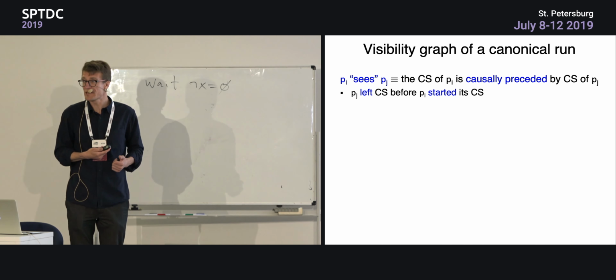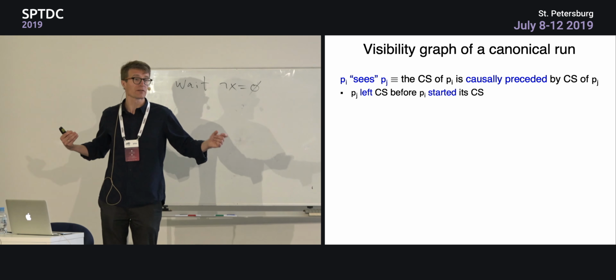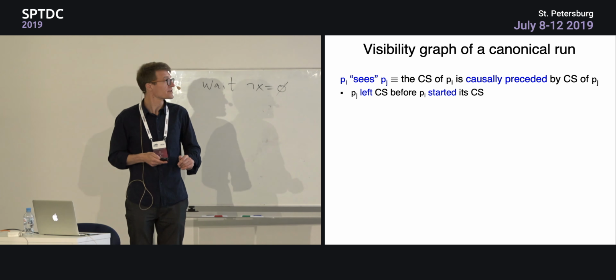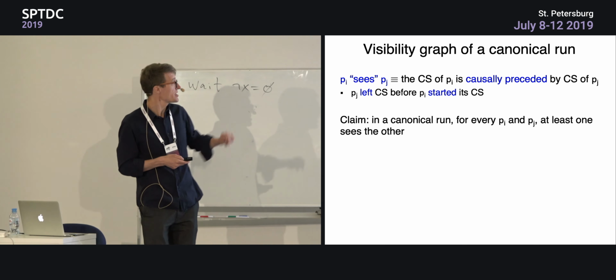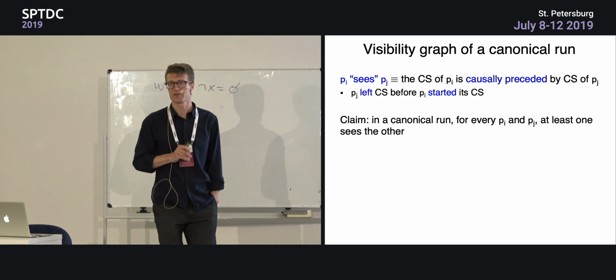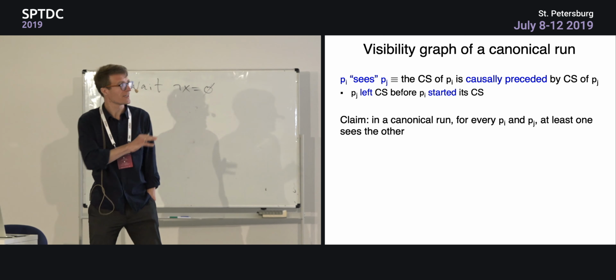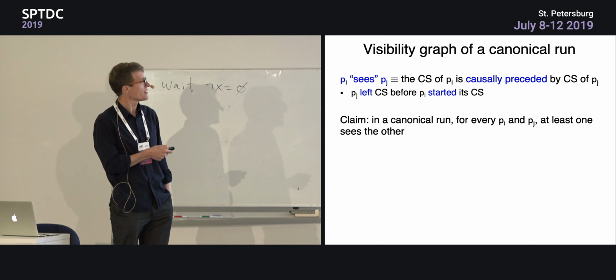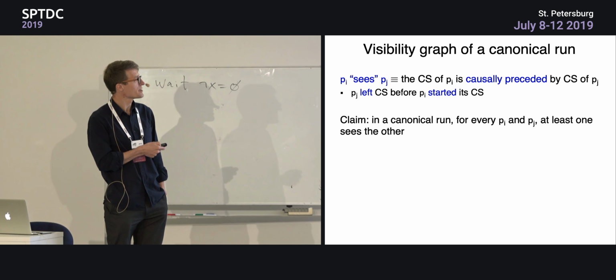And we know that critical sections are totally ordered. In any execution, you don't have concurrent critical sections, so we always have a total order in this relation. Well, not yet, I say we need total order, but it's not obvious yet. So the claim is that in any canonical run of our system, for any Pi and Pj, at least one sees the other.